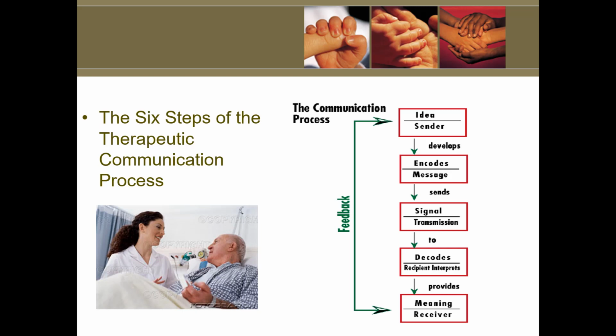So nurses can improve their communication skills by being aware of all those elements and how they contribute or interfere with successful communication. So remember that if the meaning of the message is not conveyed, then communication really didn't take place. And communication can easily break down at any one of these elements.